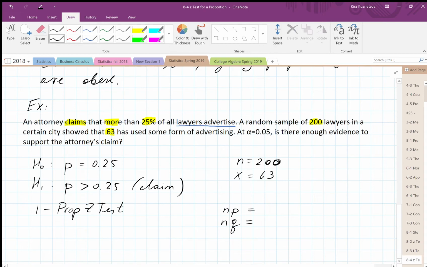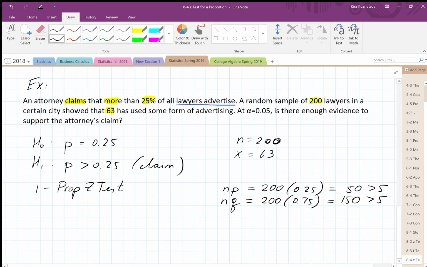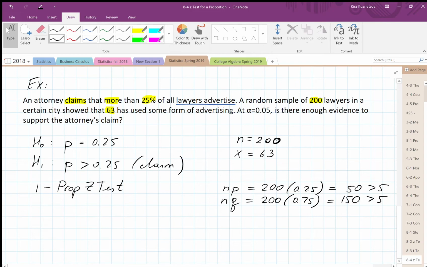So let's do that. np, I have 200 times 0.25. That's the 50 people, definitely greater than 5. And 200 times the other 75%, that's the other 150 people who said no. We can go ahead and run the test now.